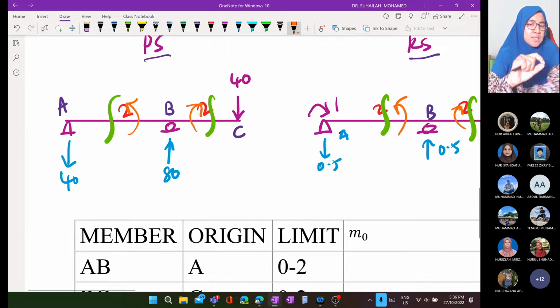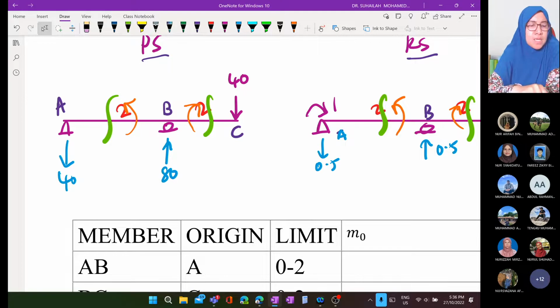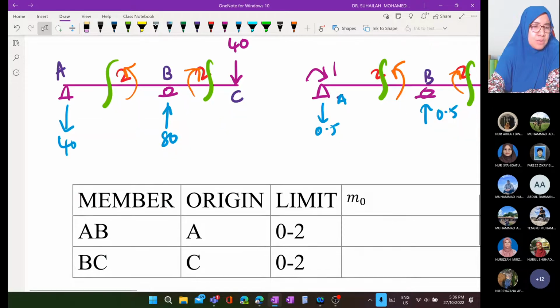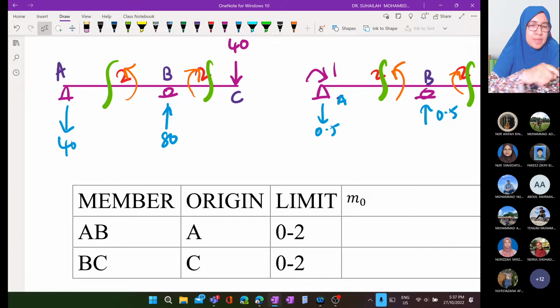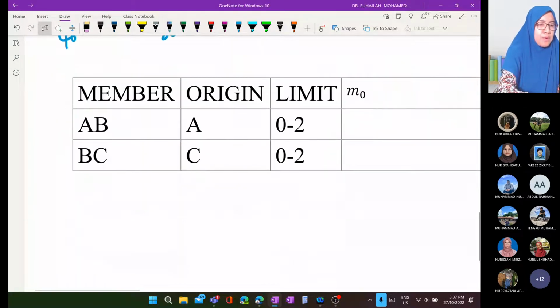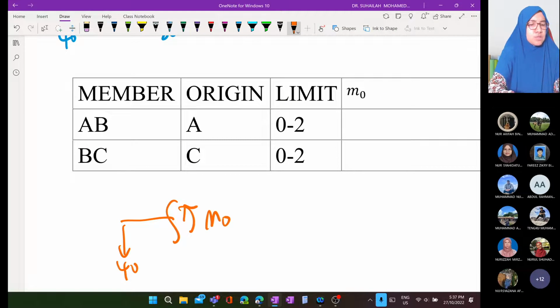So what is M0 for AB? M0 for AB, this part. This is 40. This is moment M0. This is X. So this is M0.